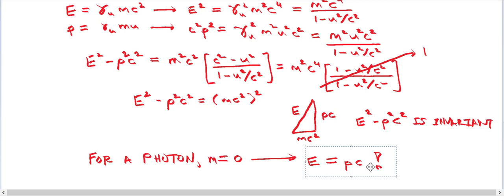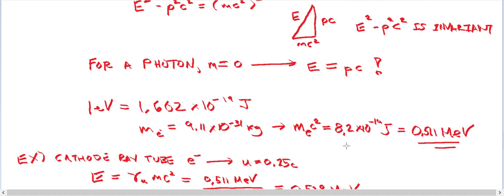The crazy thing here is that the photon doesn't have mass, but it does have momentum. Let's make sure that we put a pin in this and come back to it, because that probably seems odd to you. But the photon does not have mass, but it does indeed have momentum.